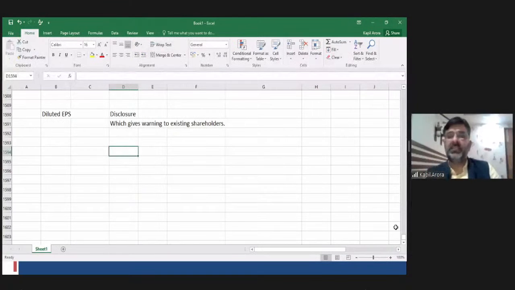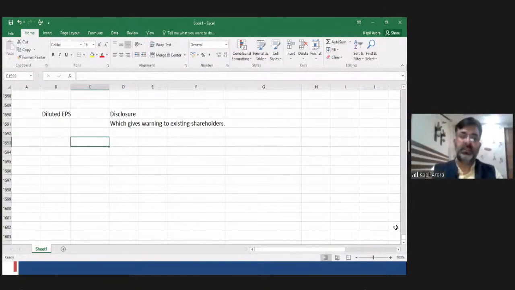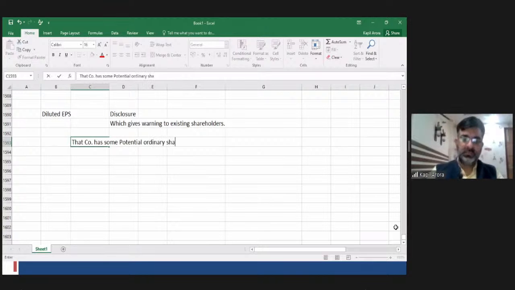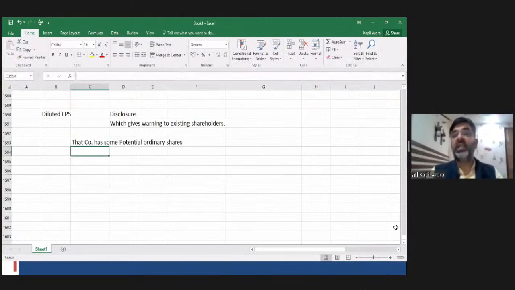Okay, coming back here. Dilution means reduction. So we are giving a warning to the existing shareholders. What kind of warning? We are warning that the company has some potential ordinary shares. They are not shares right now, but they can become shares.